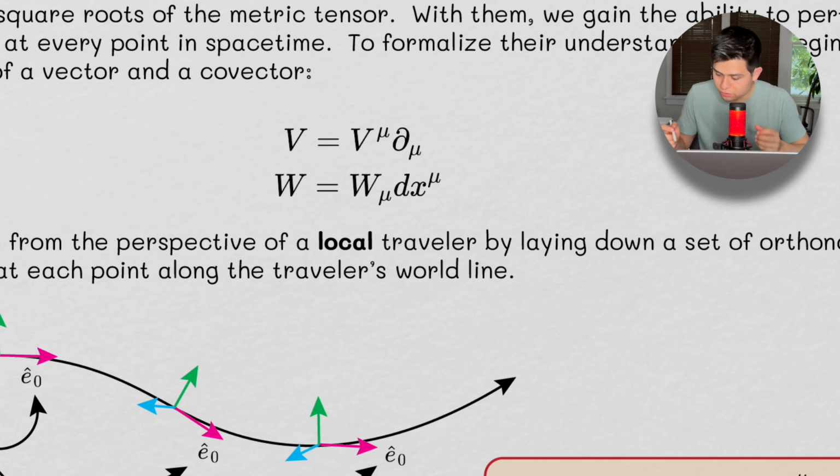And then we have covectors. Covectors have this downstairs index, and the vector space basis is dx mu. Mathematically, the difference between these is how they transform. One transforms with the basis, one transforms against the basis.